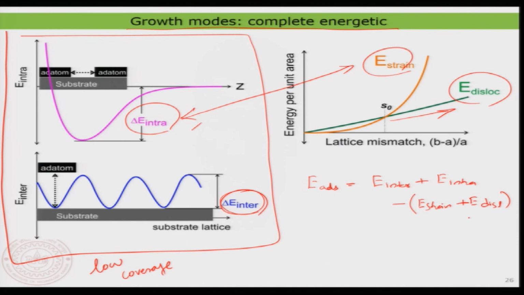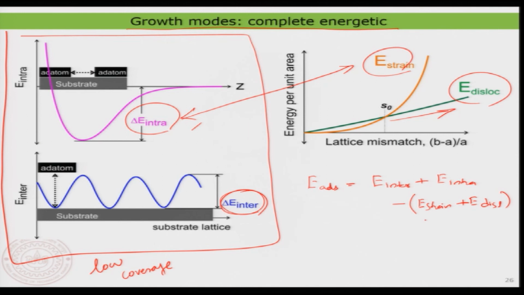Yeah. So generally at a lower coverage everything is going to be controlled by the E inter and the E intra, and as the coverage increases you have to also consider the so-called strain field and the dislocation energy, and they are also going to negatively contribute.